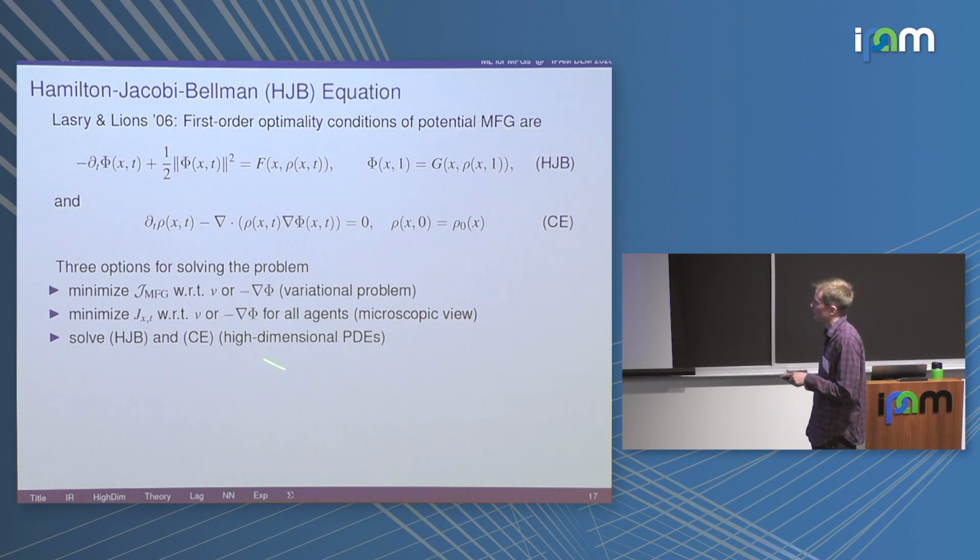So now that you have three options. You can solve the variational problem, either for v, or I would recommend for grad phi. You could, for every agent, solve the individual problems with v or minus grad phi, or you could solve this system here of PDEs. So they are coupled, because here's a grad phi, here's a phi. This one goes forward in time, this one goes backward in time. So solving these two PDEs is an option. You can recover the solution from it, but it is not going to be cheap.